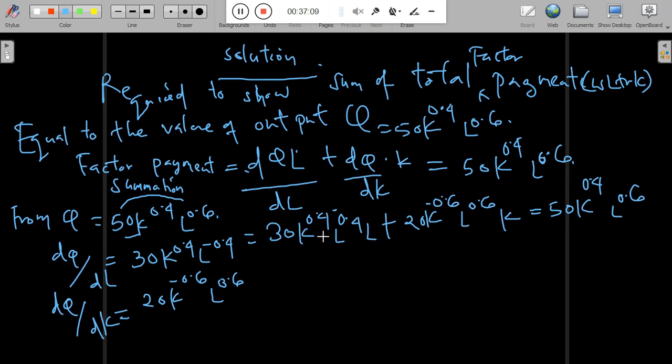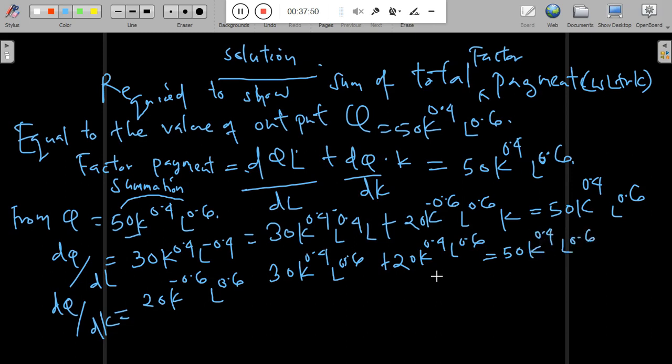So let's take the like terms, the K values to be added with the K values and the L values with the L values. When you take out the K values, that will give you 30K raised to 0.4 times L raised to the power of 0.6 plus 20K raised to the power of 0.4 times L raised to the power of 0.6, which is equal to 50K raised to the power of 0.4 and L raised to the power of 0.6.